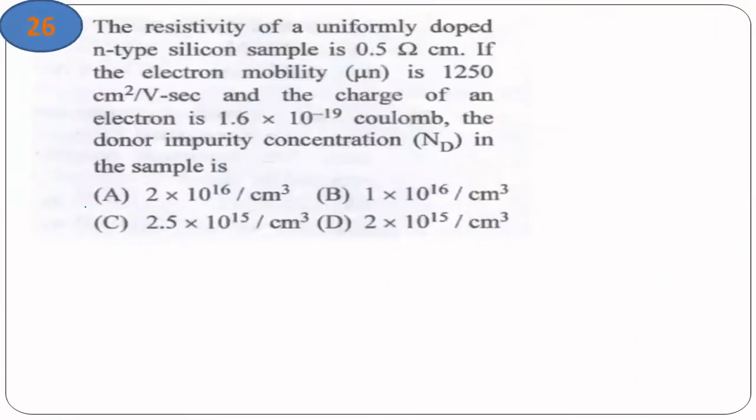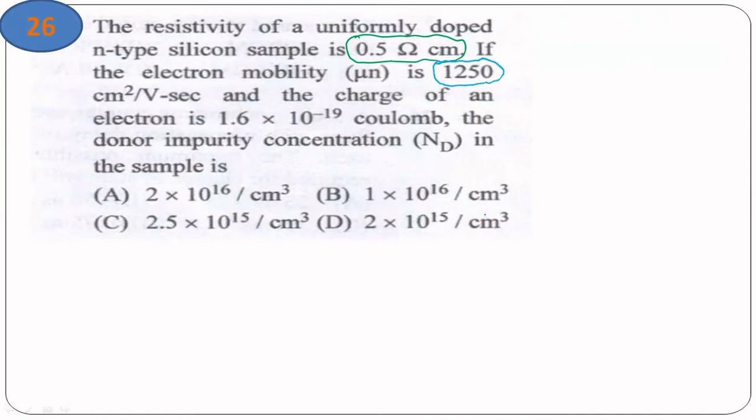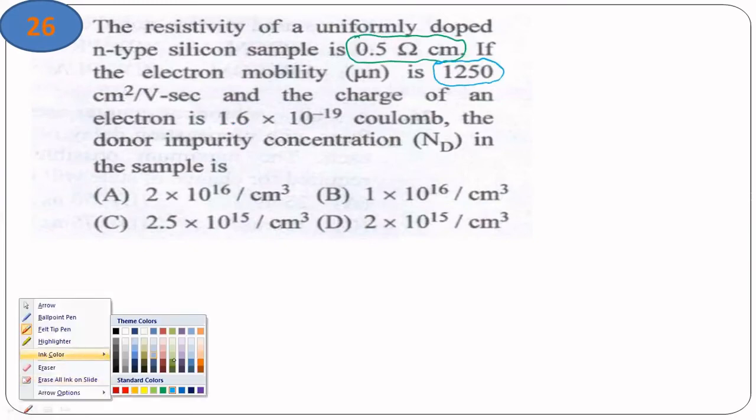Now this is about semiconductor physics. The question reads about a uniformly doped N-type silicon sample with a sample resistivity of 0.5 ohm centimeter, and the electron mobility is 1250 centimeter square per volt per second, with the charge of each electron being 1.6 into 10 to the power minus 19.